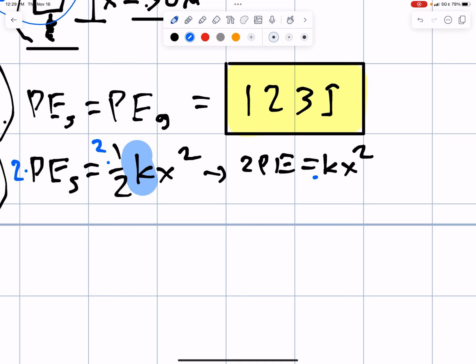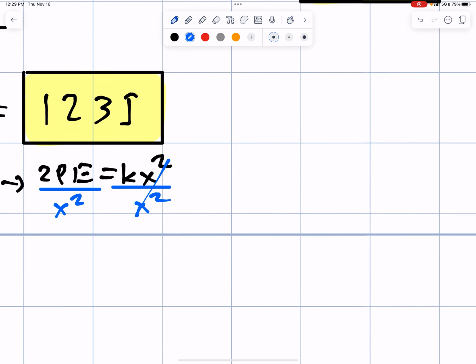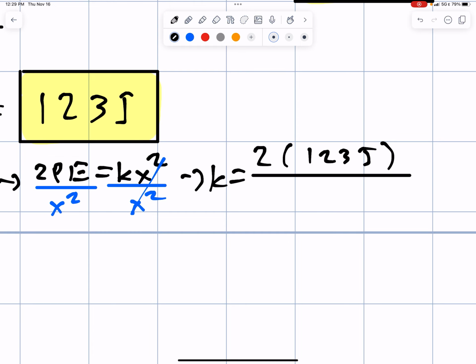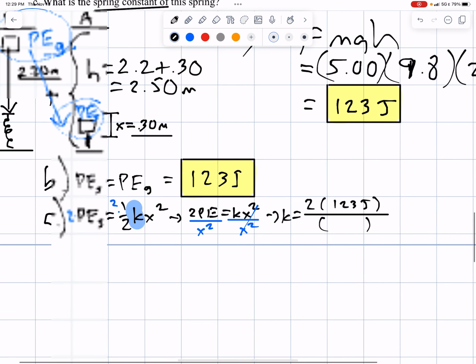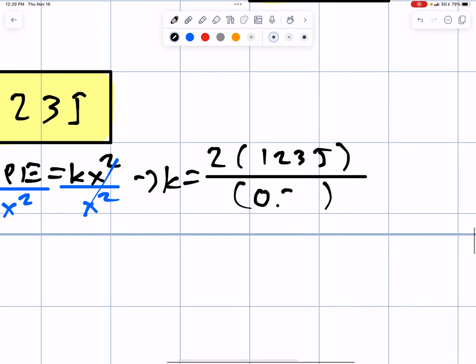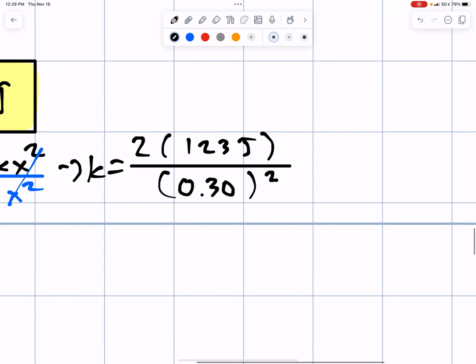And then to isolate the k, I have to divide by x squared. Then we'll plug into that. So k is equal to 2 times your potential energy, which was 123 joules, divided by x, which if you remember was 0.30, and then don't forget to square that.